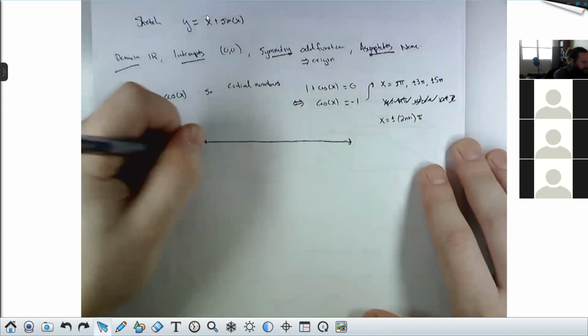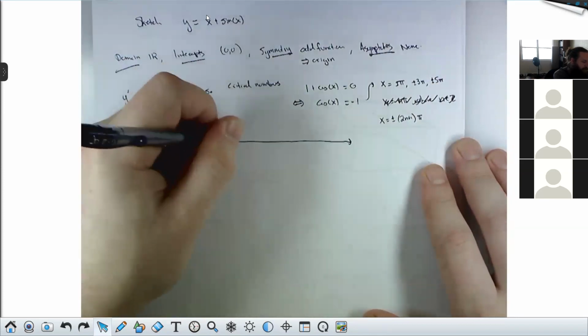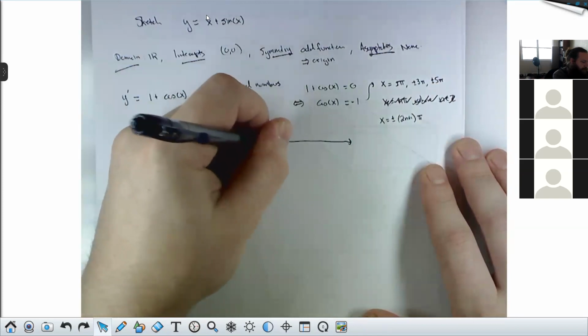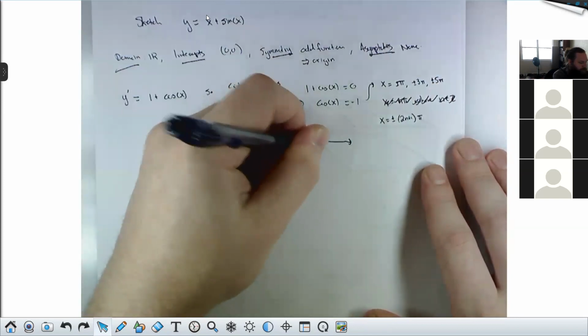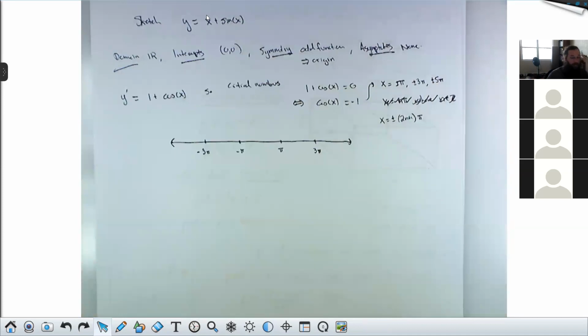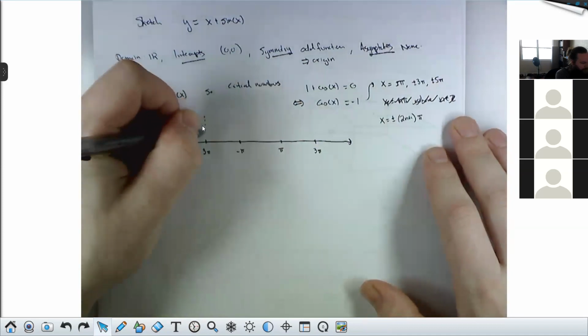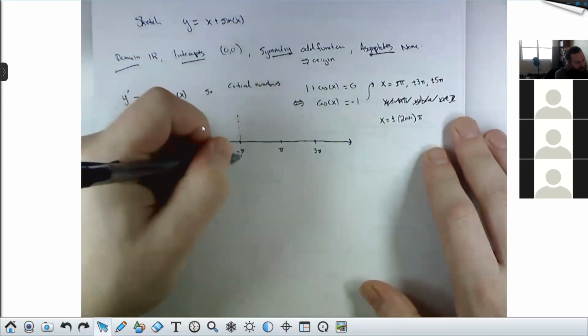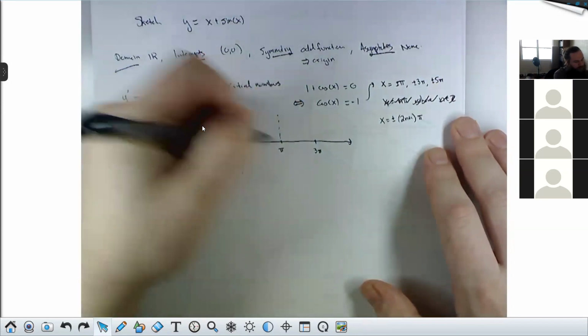So I might call this like -3 pi, -pi, pi, and 3 pi just to get us started. So cos is equal to -1 anytime the inside of cosine is an odd multiple of pi. Well, there's infinitely many solutions.